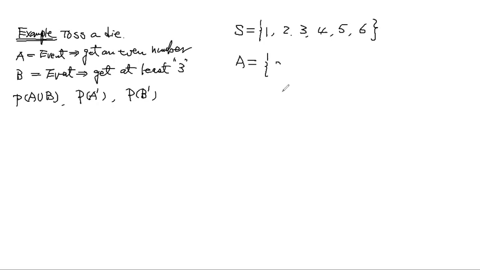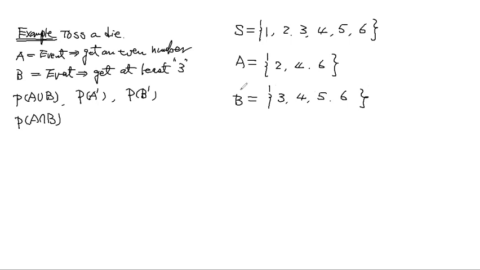Even number. So it's 2, 4, 6, right? Then the event B, we say at least 3. So that means 3, 4, 5, 6. Okay. Also, let's try to find the A intersect B here.